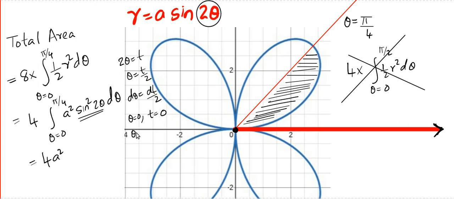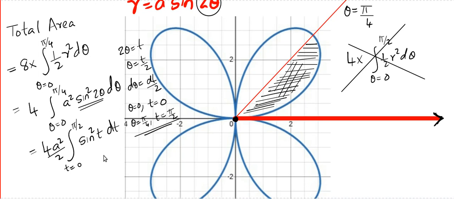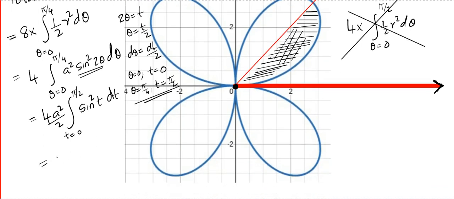And if theta is equal to pi by 4, t will be 2 into pi by 4, that is pi by 2. And that is my aim. So t becomes 0 to pi by 2. I did all those things just for this. That's why I took half the area. So we get sine square t, and d theta is dt by 2. So I'll write dt here and I'll write that by 2 over here. I hope you're able to work it out.